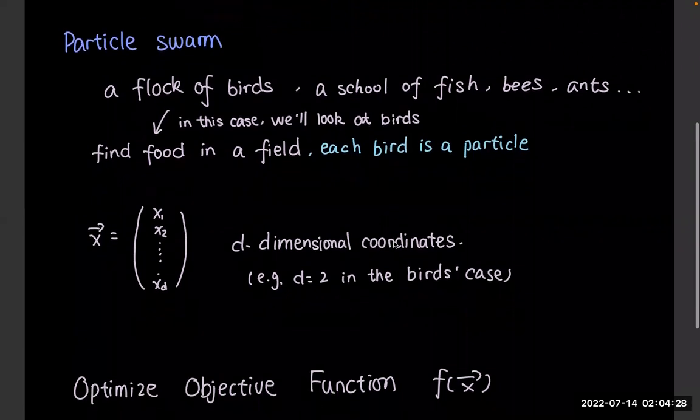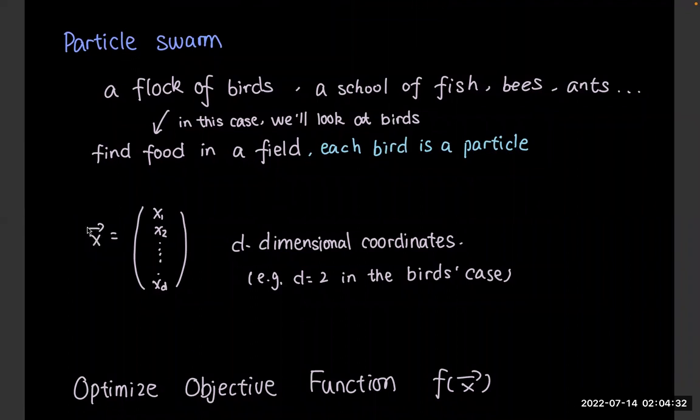For that problem, let's use the notation X, and here I use an arrow to denote that this is a vector, consisting of d elements, x1, x2 to xd. This is just the d-dimensional coordinates of a point in this d-dimensional space.